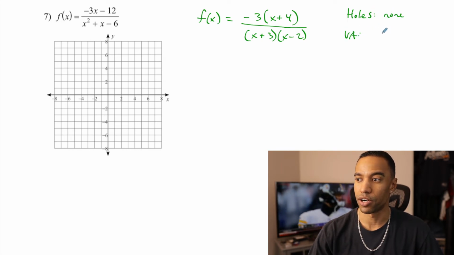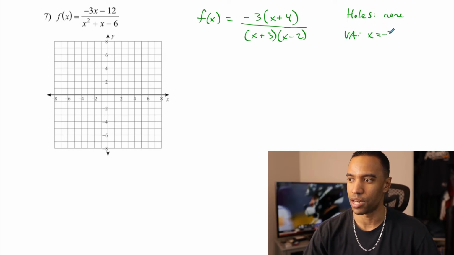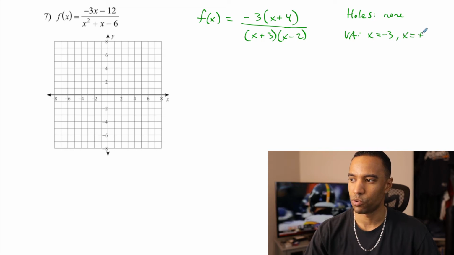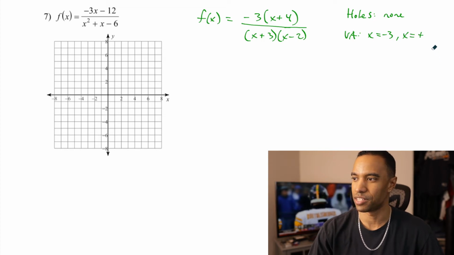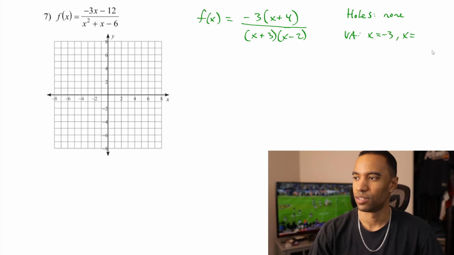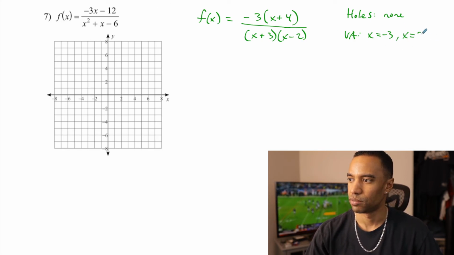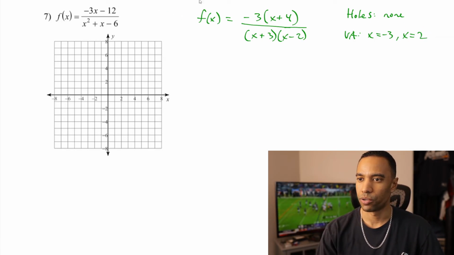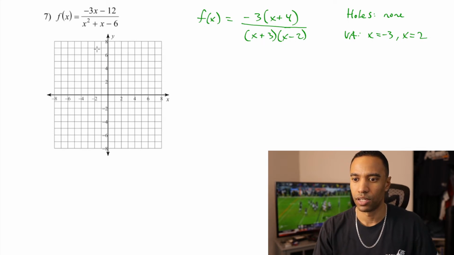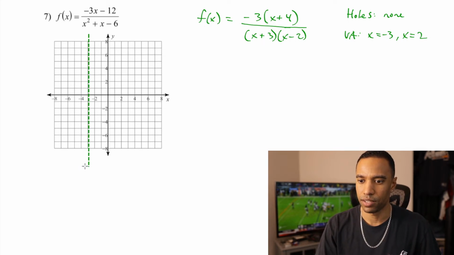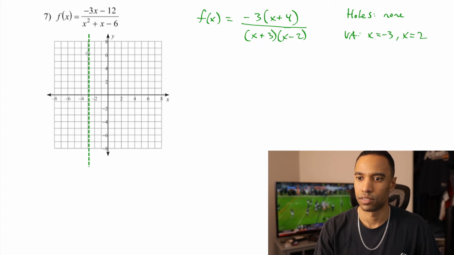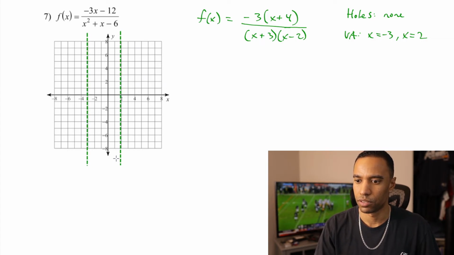Vertical asymptotes. There are 2 of these. There's going to be one at x equals -3 and one at x equals +2. So let's go ahead and do those first. x equals -3 and x equals +2.